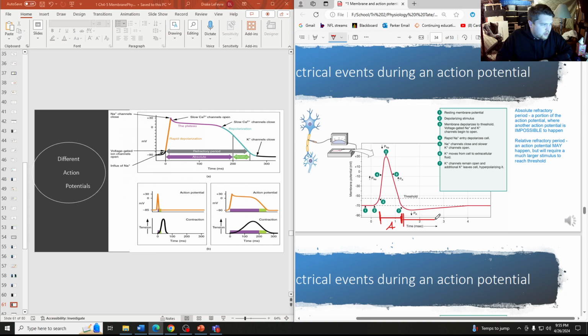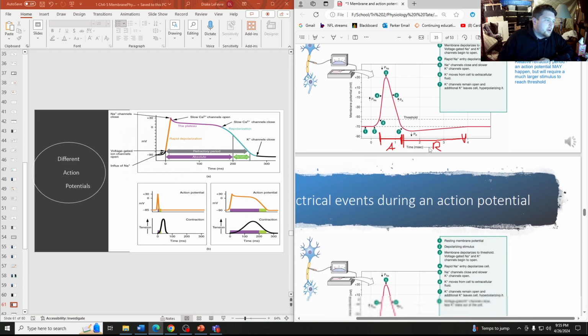And then after that, until we get back to our resting membrane potential, is our relative refractory period. And again, that is specifically in place to make sure that we don't have overstimulation of the cells. We don't have action potentials layering on top of each other, sending too big of a message.